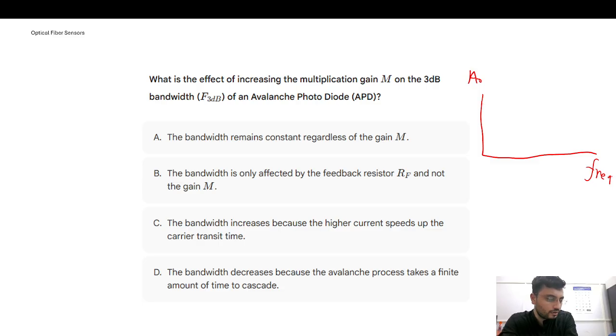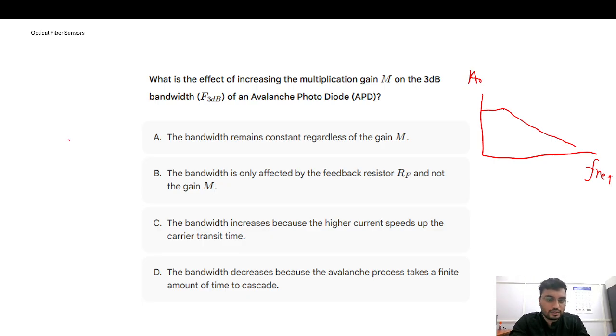The GBW, the gain bandwidth product, will be constant, then at the frequency limit it will decrease. Are you understanding? If you increase gain, it will decrease the frequency. Increase frequency, it will decrease the gain. Are you understanding what I'm saying?